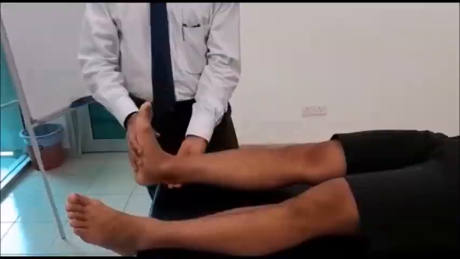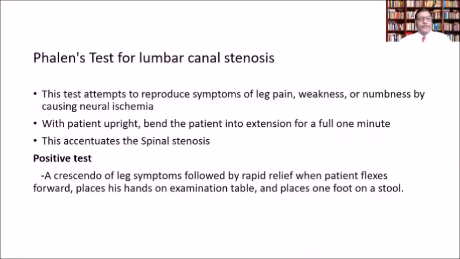There is a Phalen test for lumbar canal stenosis. This test attempts to reproduce the symptoms of leg pain, weakness or numbness by causing neural ischemia. With the patient upright, ask the patient to bend into extension for a full 1 minute.